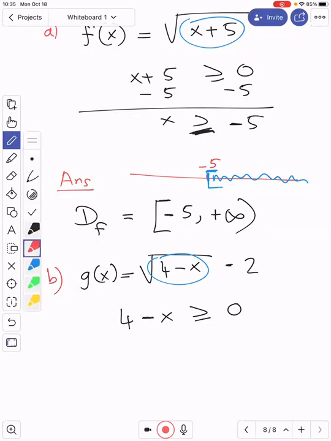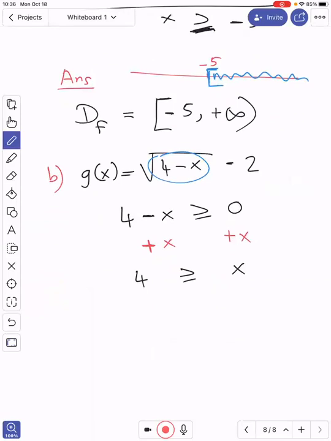Because it's a minus x, there are different ways again to handle it, and I would say probably the easiest way is to add x to both sides. Then 4 is larger or equal to x. So in other words, x is less than or equal to 4.